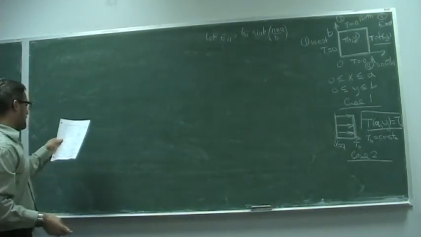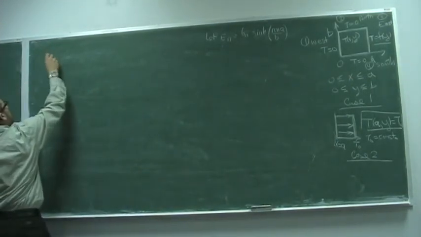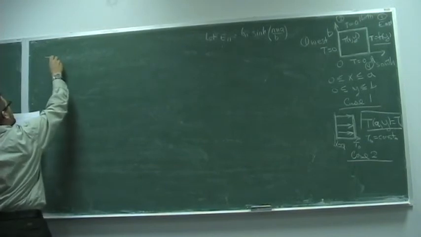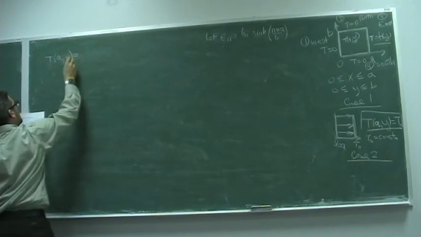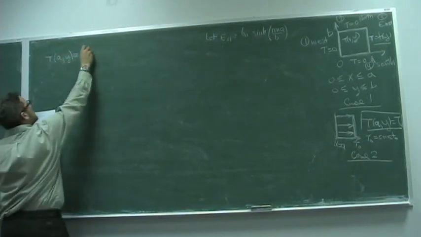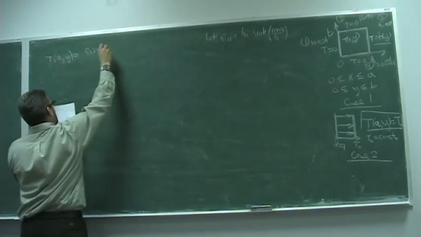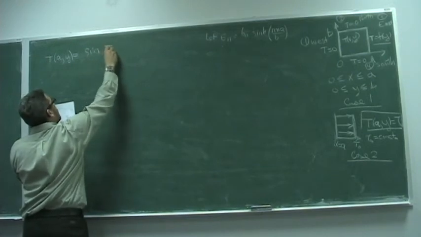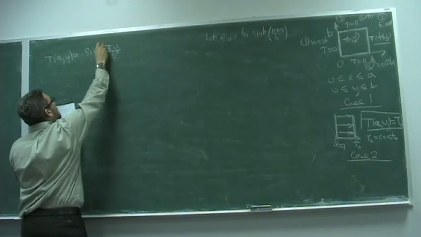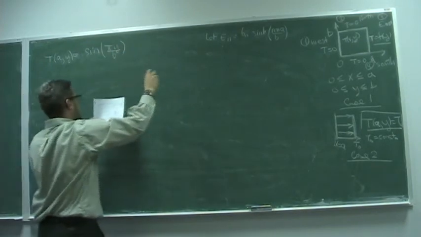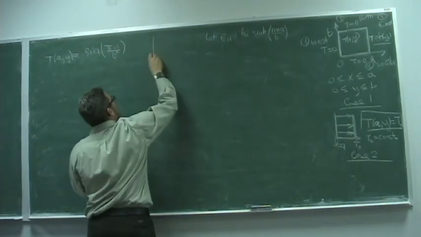But what if for our final boundary we have T of a and y equal to sine pi y over b, which looks like this on the end over there.